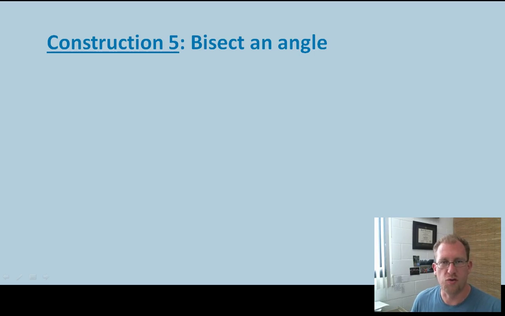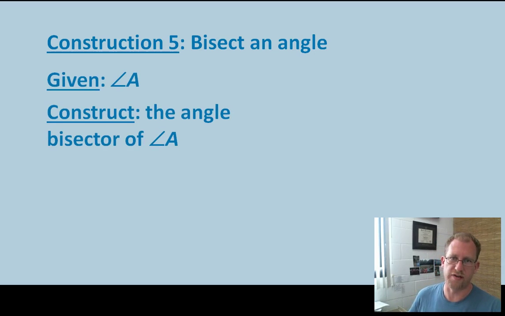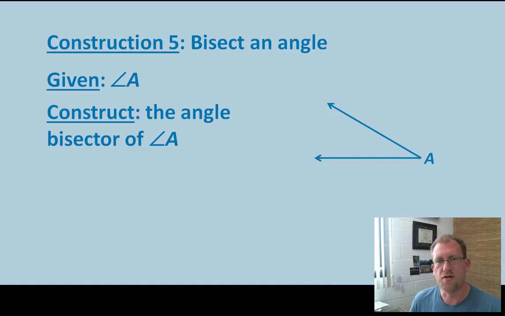One more time, we're going to do a construction here. This is how to construct an angle bisector. And again, my students will do very little of this, but I don't know where else these videos will be used. So given angle A, we're going to construct an angle bisector of angle A, right? So here's how you do this.